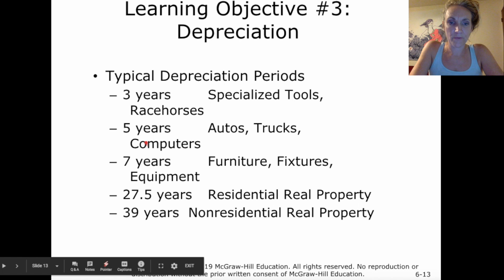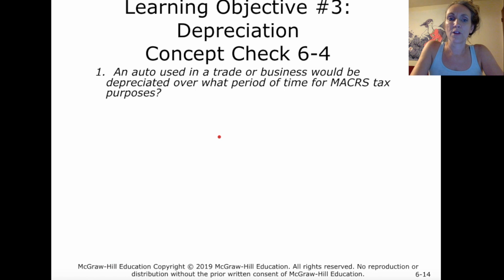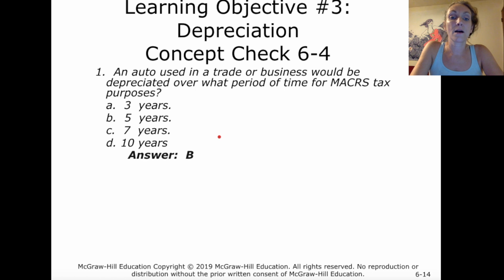So they're saying 3 years, although it looks like it's 5 years here. We'll have to see about that in the problems. Okay, they're giving us these as options. Answer is 5 years.